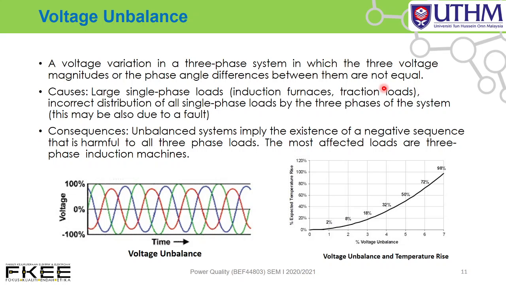Commonly in a three-phase system, we have the same magnitude for phase A, phase B, and phase C, and the angle between phases is equal to 120 degrees. But if we don't have the same magnitude in each phase, or we have a different angle between each phase, maybe greater than 120 or less than 120, we call it voltage unbalance in a three-phase system.